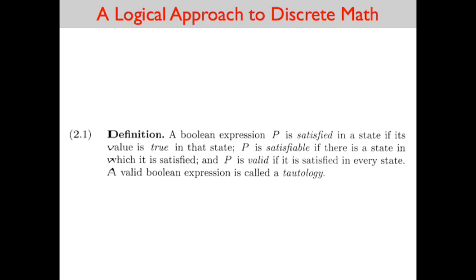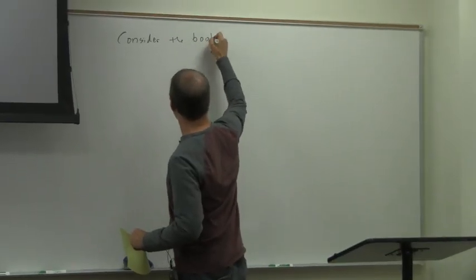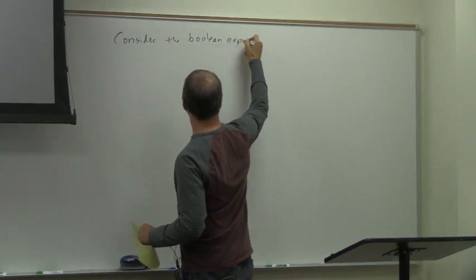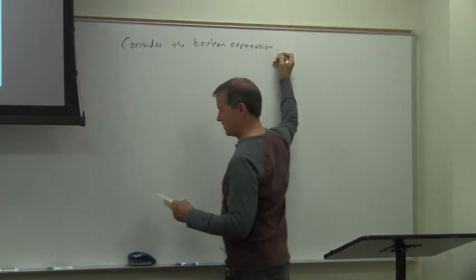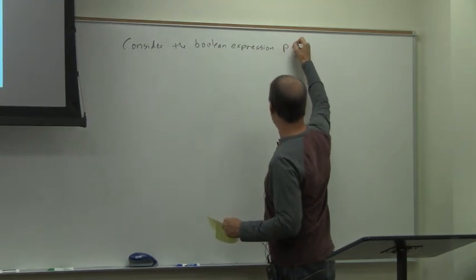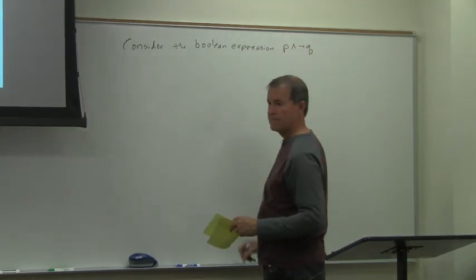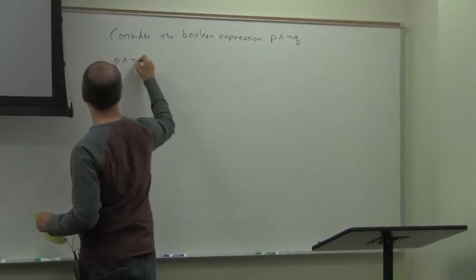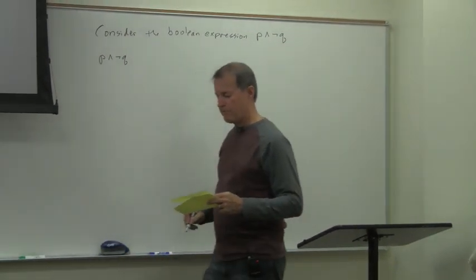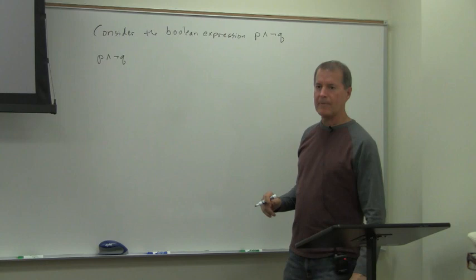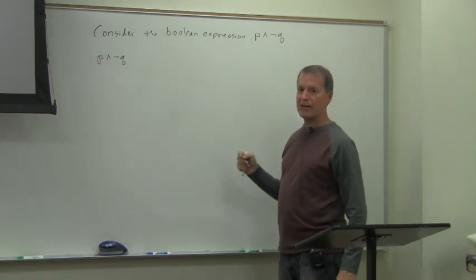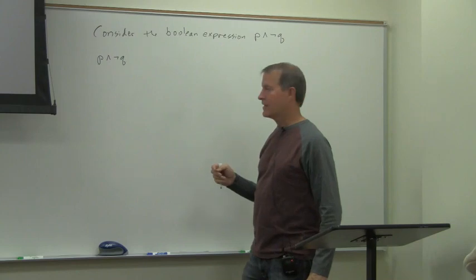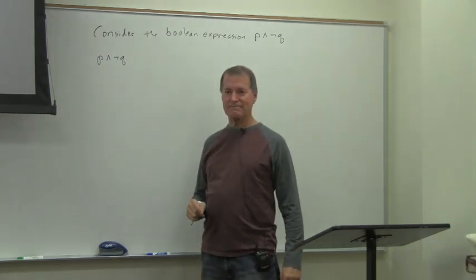Actually, let's do some examples as we go here. Consider the Boolean expression P and not Q. Now, what about P and not Q in the state P true, Q true? Kyle, what do you think? If P is true and Q is true, is this satisfied, yes or no?